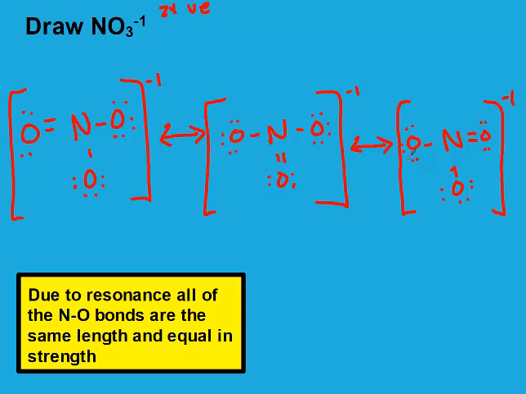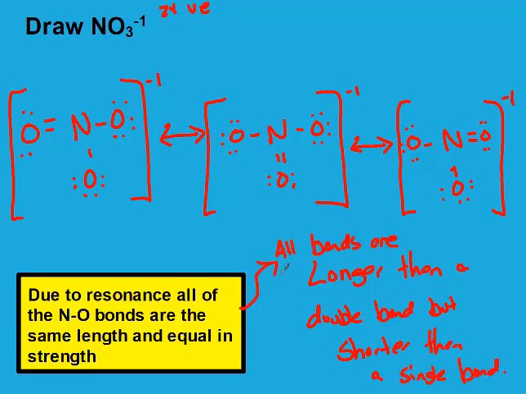It's a hybrid of all 3 of these. That double bond is spread between the 3 bonds, making it longer than a double bond, but shorter than a single bond. Make sure that you understand the concept of resonance and how it applies to bond length and bond strength.